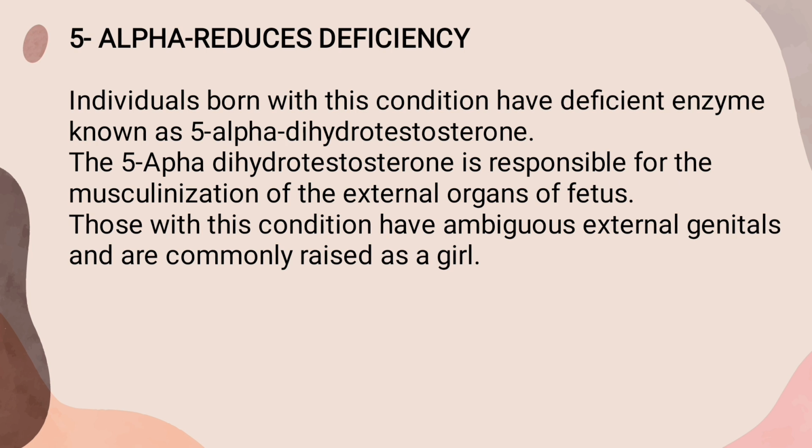Those with this condition have ambiguous external genitals and are commonly raised as girls. An enzyme is a protein that acts as a biological catalyst, and 5-alpha dihydrotestosterone is essential for the development of male sex characteristics before birth, particularly the formation of the external genitalia.